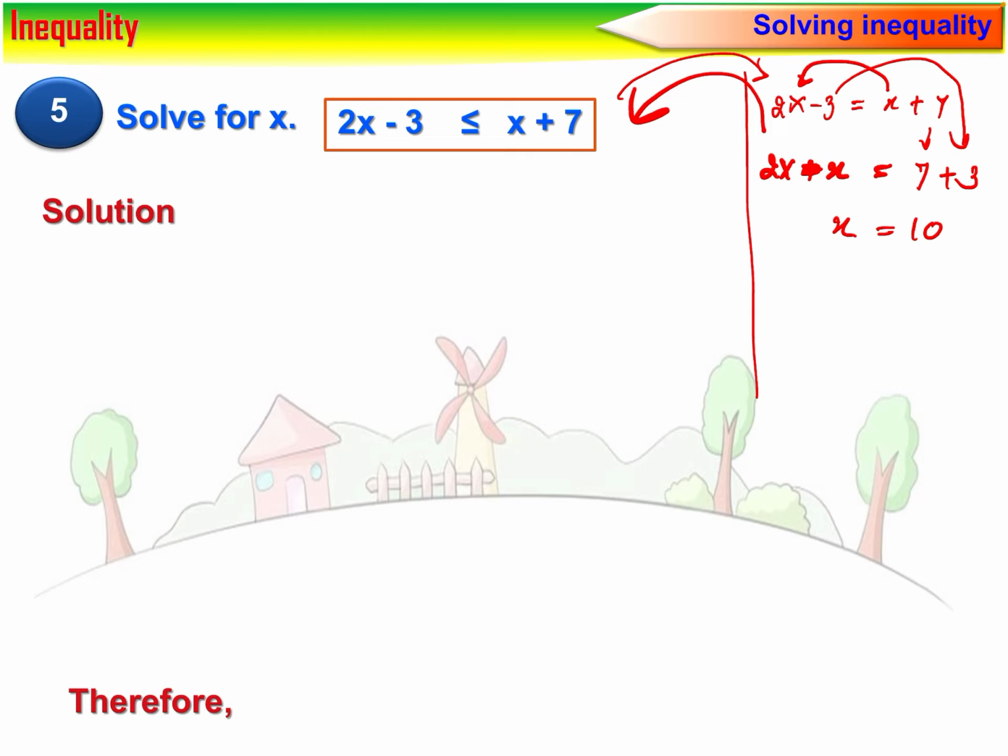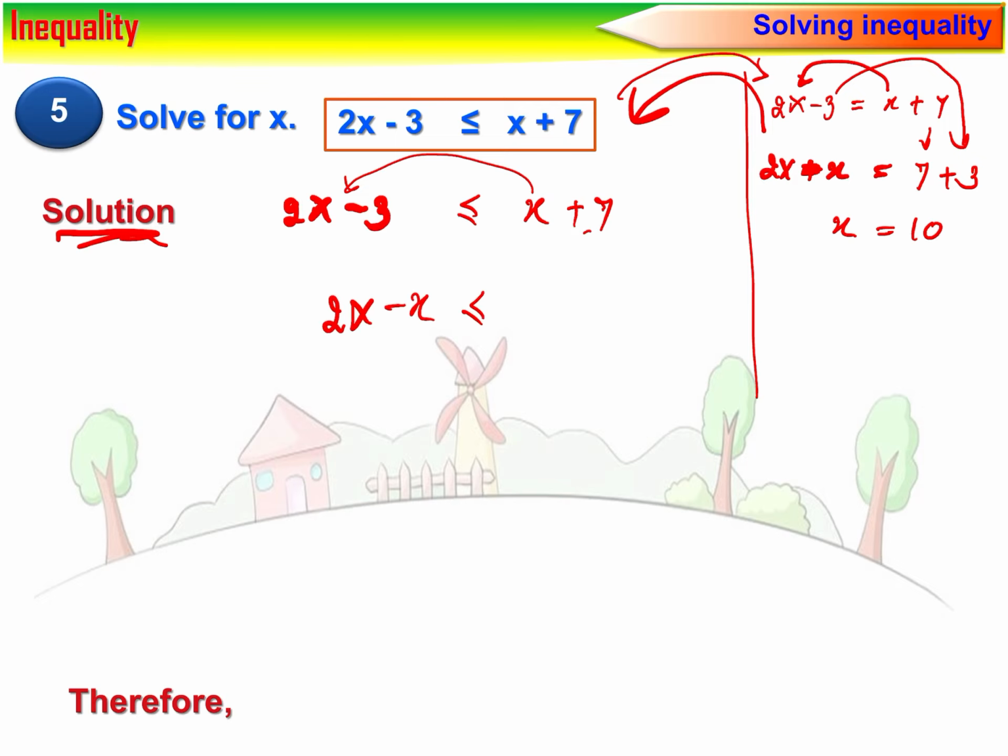Then you can apply this way to solve an inequality like this. First, you write the question: 2x minus 3 less than or equal to x plus 7. After that, you notice which terms can be combined together. Yes, the same thing as this.